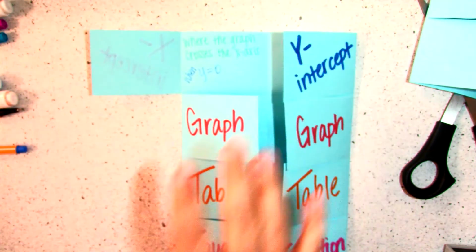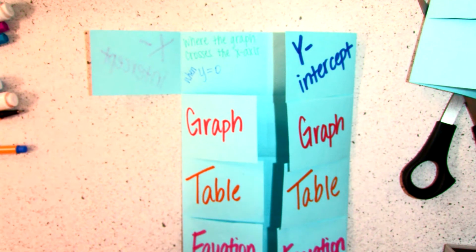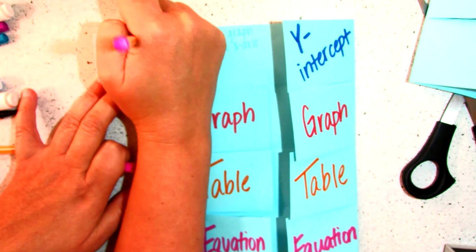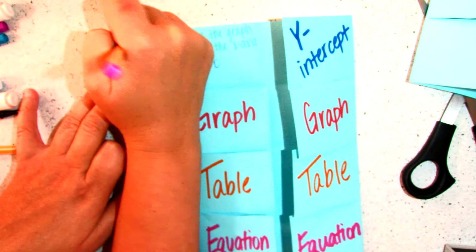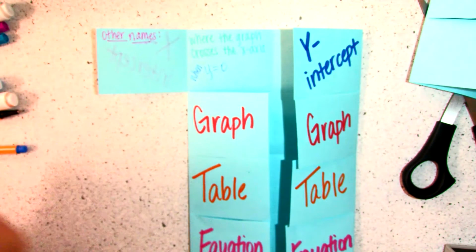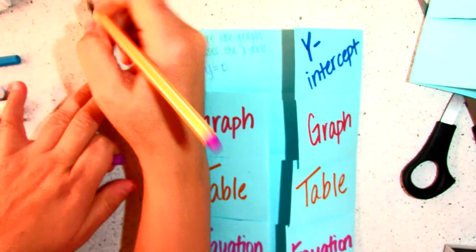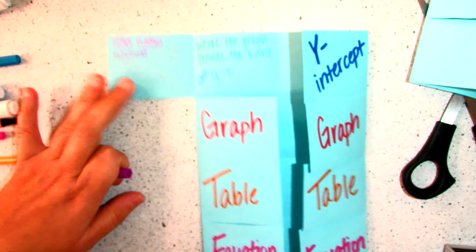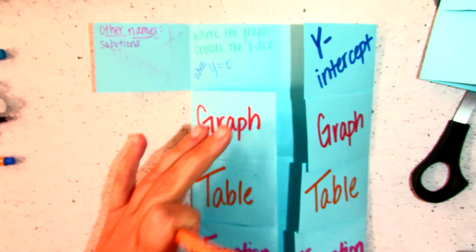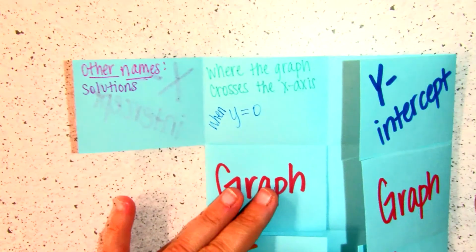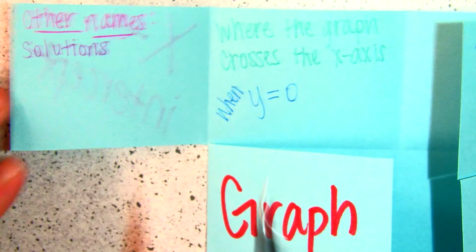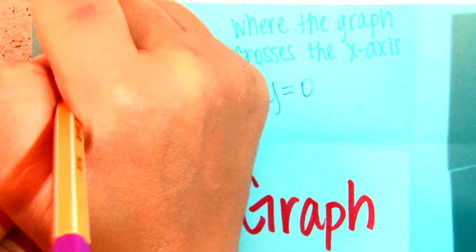Okay? Some other names that we call X-intercept, you'll hear these other names. Solutions. We may call it solutions. I'm going to zoom in just a little bit so y'all can see that. Solutions, roots.